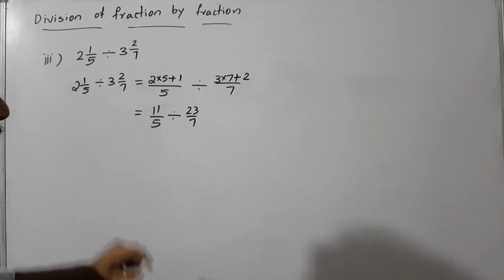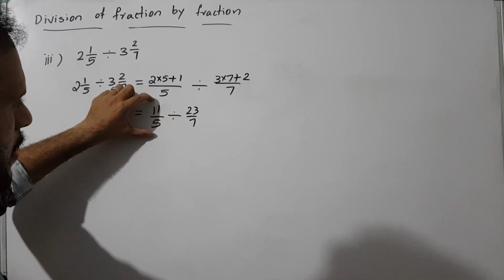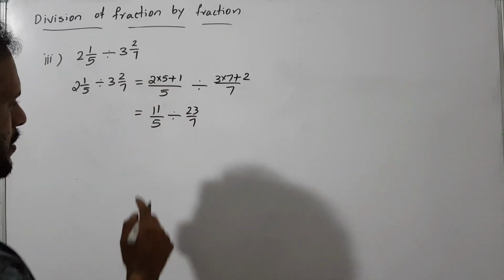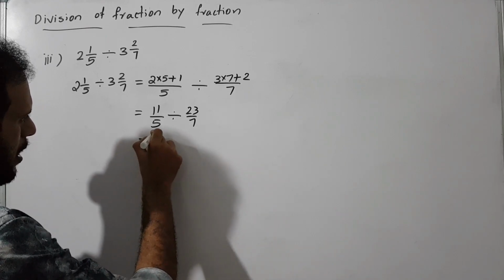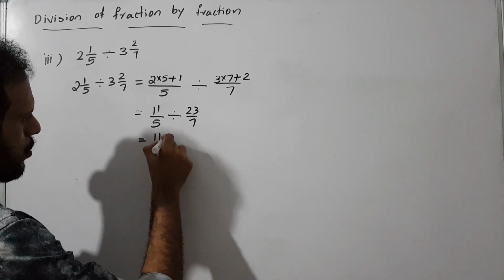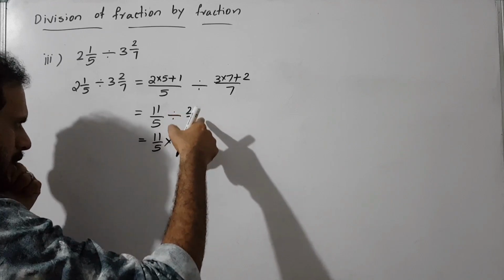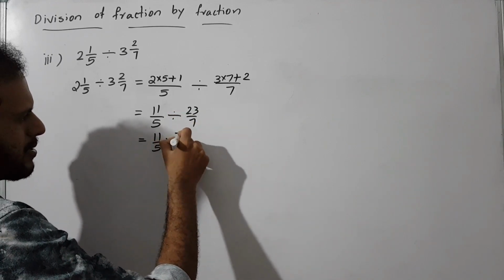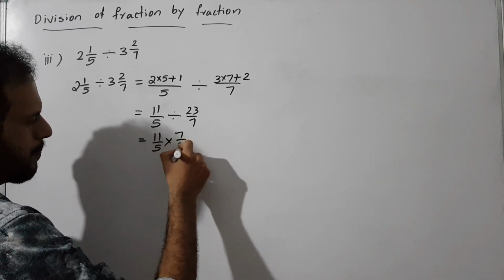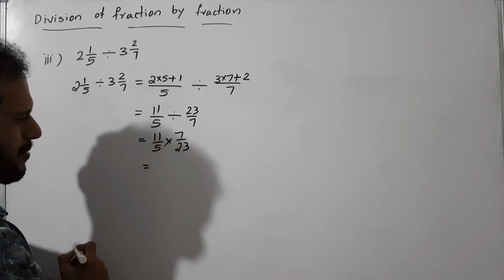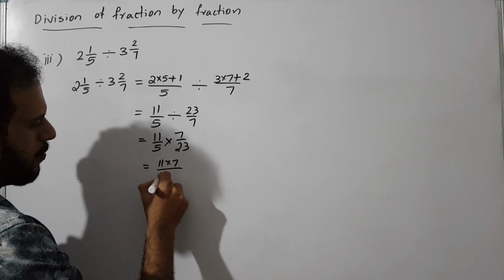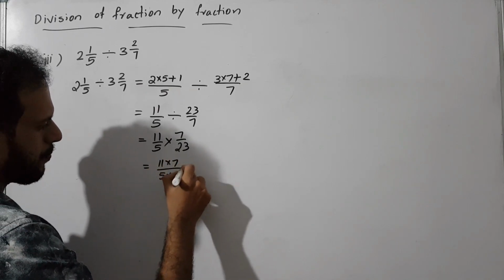Then here we are dividing two fractions. What is next? We multiply the first fraction by the reciprocal of the second fraction. Correct? So it is equal to 11/5 into the reciprocal of 23/7. What is the reciprocal of 23/7? That one is 7/23. Then 11 into 7 by 5 into 23.